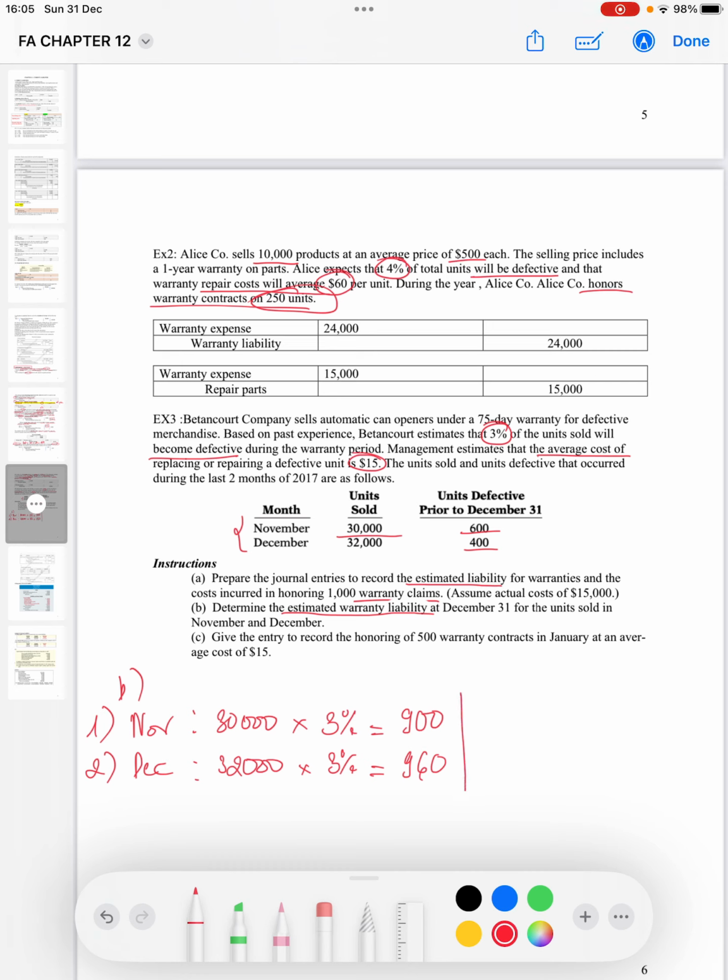The next is units that are defective. You can see it here: 600 for November, and December is 400.